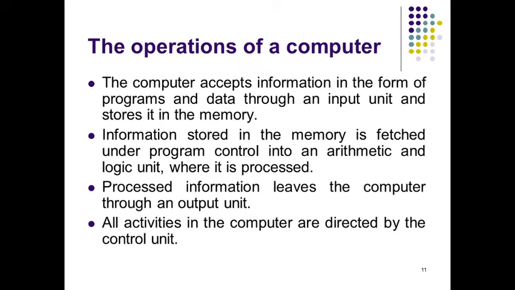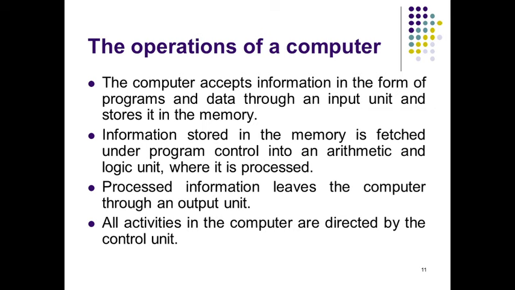The operations of a computer can be summarized as follows. The computer accepts information in the form of programs and data through an input unit and stores it in the memory. Information stored in the memory is fetched, under program control, into an arithmetic and logic unit where it is processed.